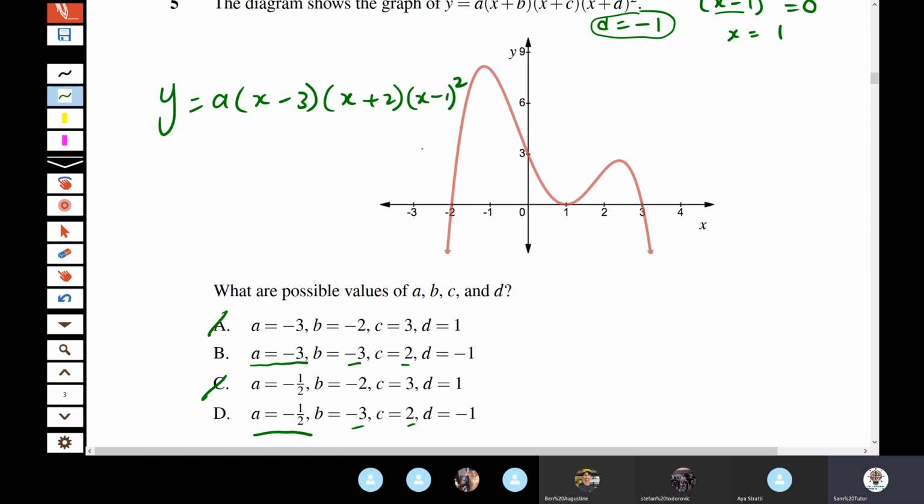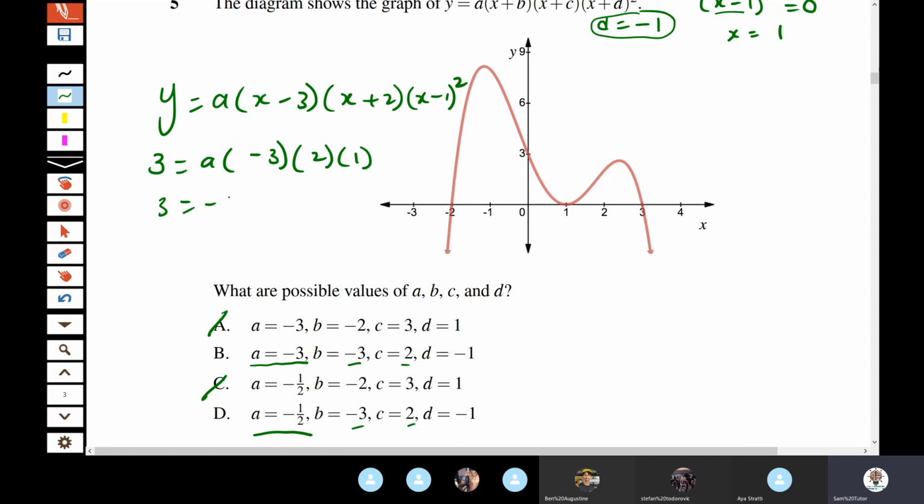You already know the y-intercept. The y-intercept is 3. So when x is 0, y needs to equal 3. And that's what you would have found. So x is 0, that is -6.